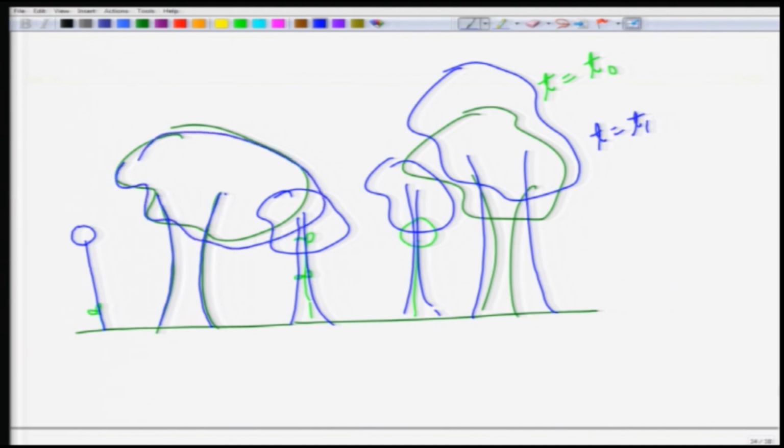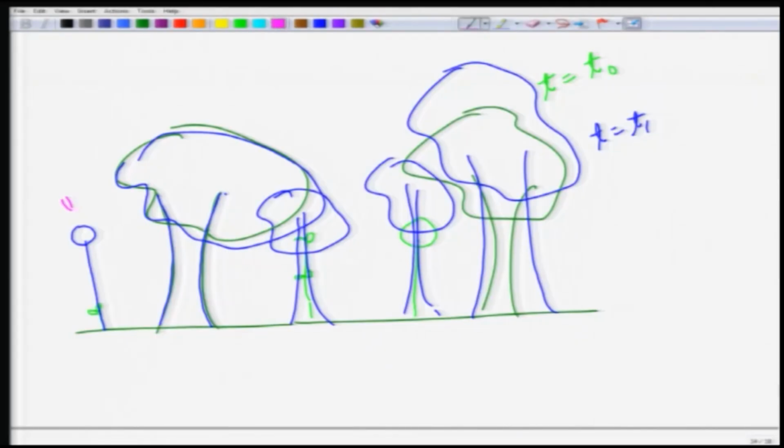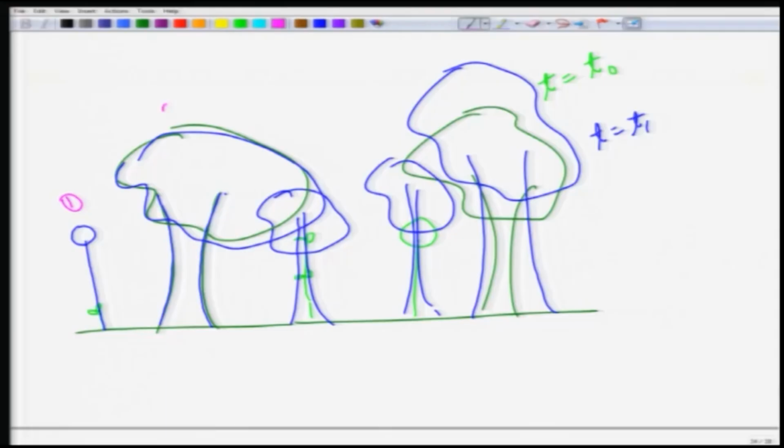Now, between time t 0 and time t 1, there are some plants that have now entered into the calculation. So, like this plant number 1, it was counted neither at time t 0 nor at time t 1. This plant was counted in both the time periods.